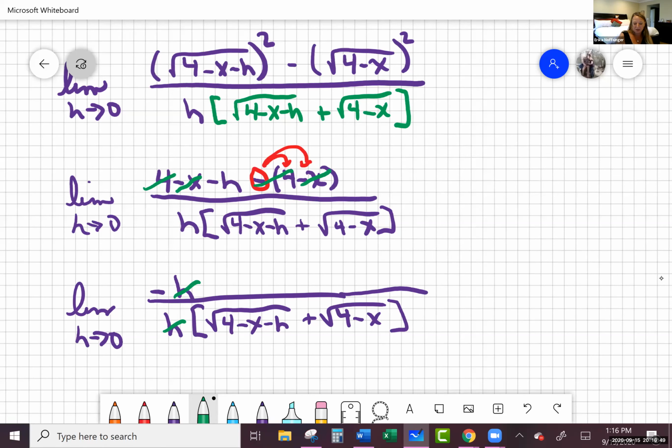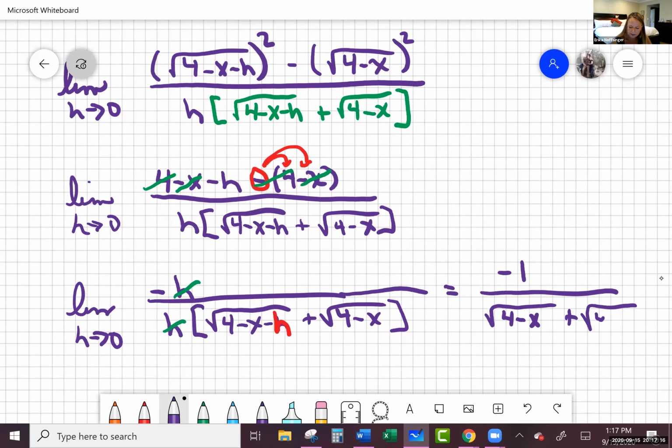So now when h goes to 0, I have a number in my numerator. And so I have negative 1 in my numerator, all over the square root of 4 minus x plus the square root of 4 minus x.